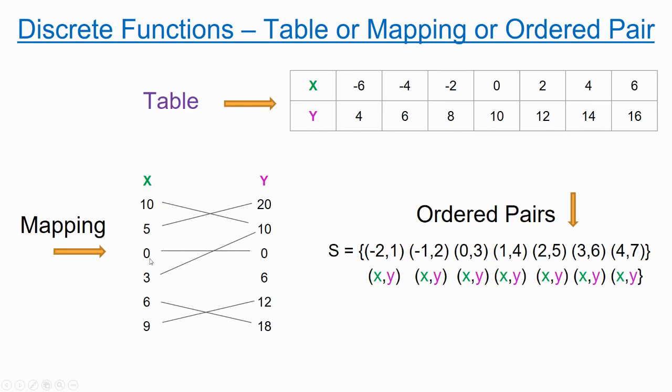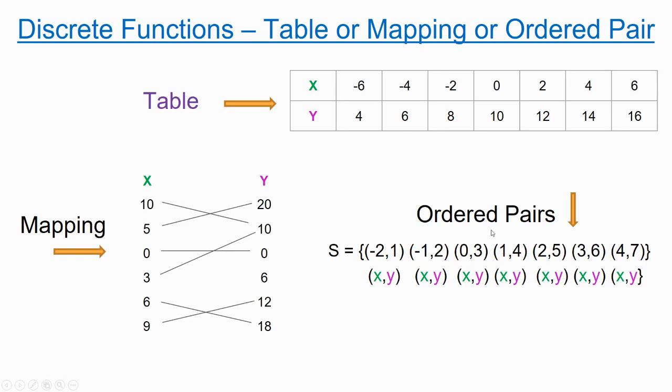So here, for example, you'll see that the 0 for x goes with the y for x. Notice, since none of these x's go to 2 different y's, this is also a function.